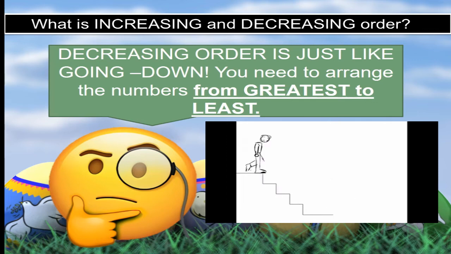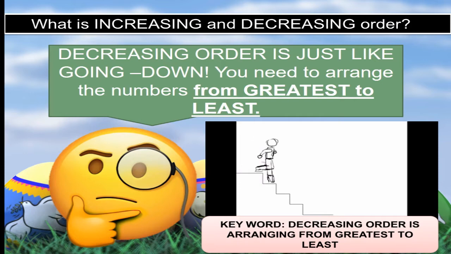While decreasing order is just like going downstairs. You need to arrange the numbers from the greatest to least. Again, decreasing order is arranging numbers from greatest to least. Take note of this important concept because we are going to use it later in our lesson for today.